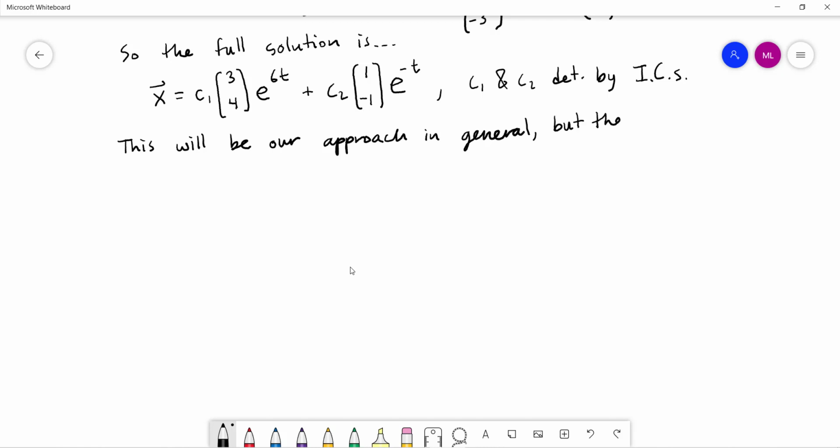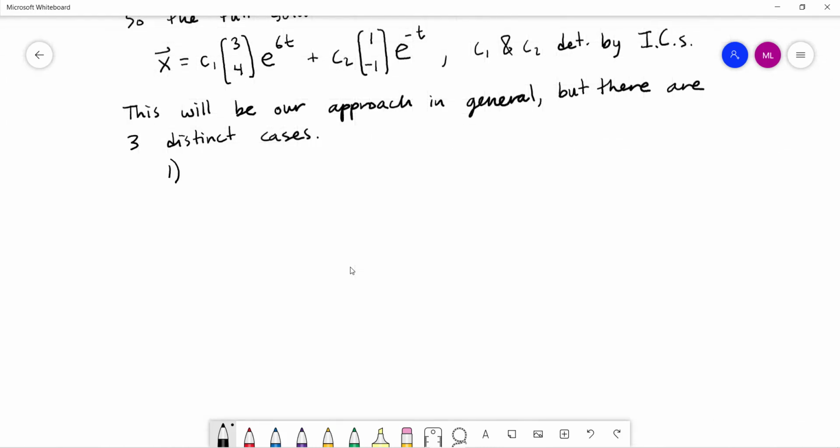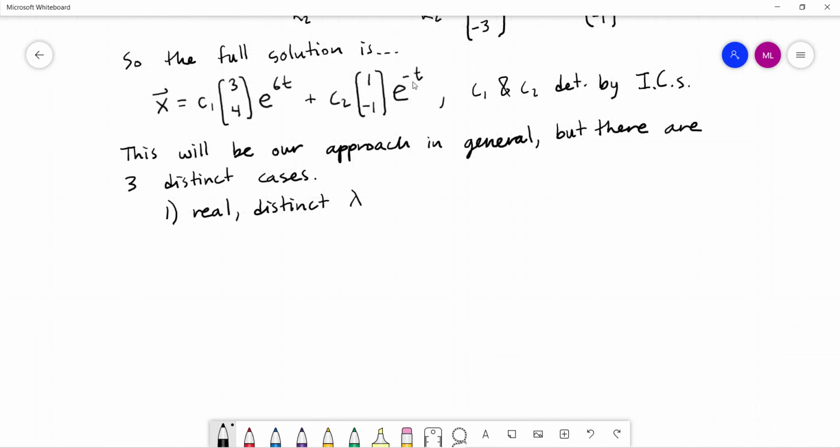But there are three distinct cases. So the first case is we get real distinct eigenvalues, so real distinct values of lambda. That's the one that we just did, right? And you get your e to the lambda t terms.